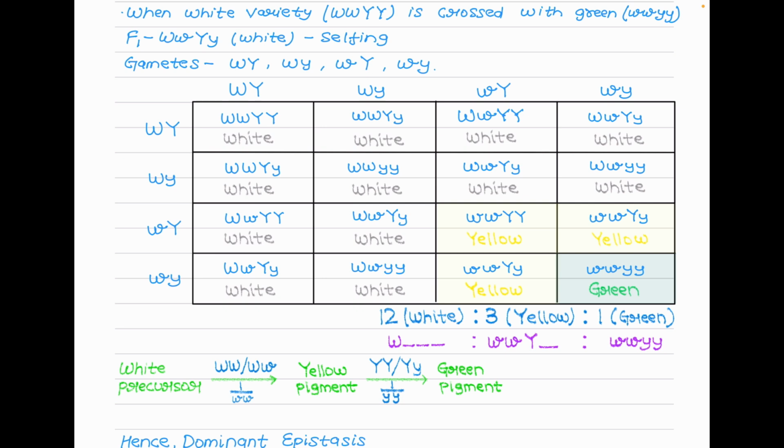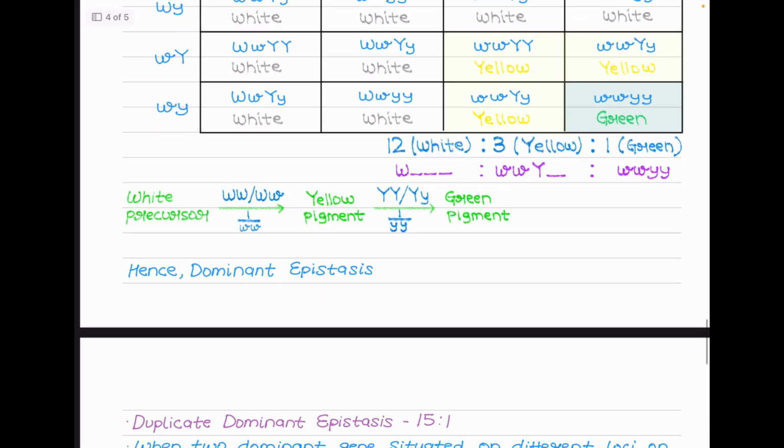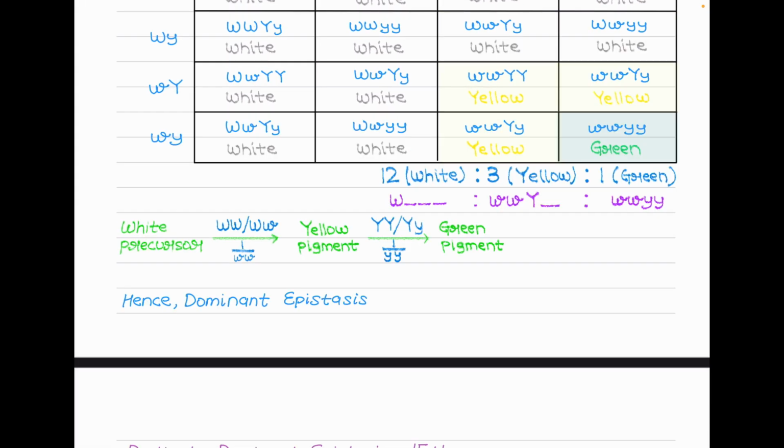Only 3 plants are small w and capital Y, that is yellow, and one plant is small w, small y, which is green. So the modified ratio becomes 12:3:1. This is also called masking gene action because the dominant allele capital W masks the expression of capital Y.